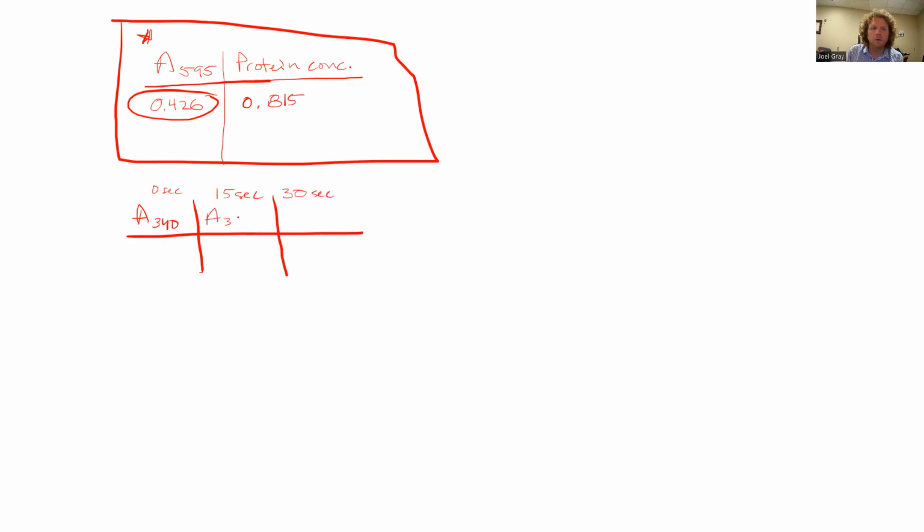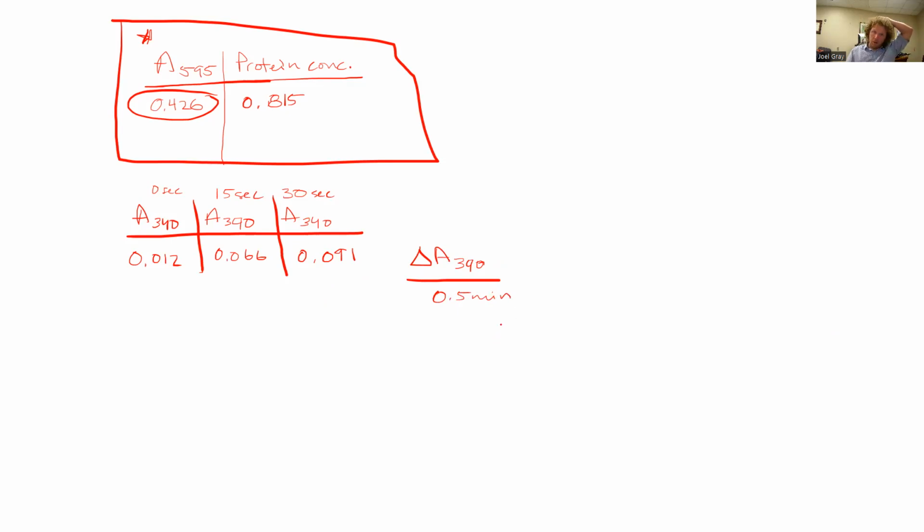So A340 for each of these time points. Now, let's say hypothetically we got a value of 0.012, 0.066, and then finally 0.091. So this gives us a change in A340 for a time range, and that would be 0.5 minutes.